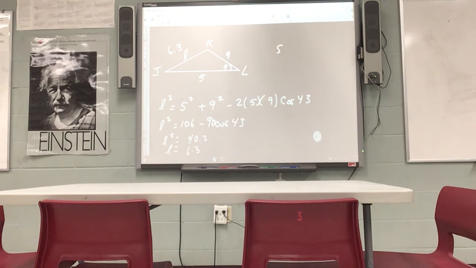So I'm gonna put sine of 43 over 6.3, that's my L stuff, equals sine of J over 9. Okay, so my J is being divided by 9, so I'm gonna multiply by 9, so I'm looking at 9 sine 43 enter, divided by 6.3 enter, and that's equal to the sine of J.